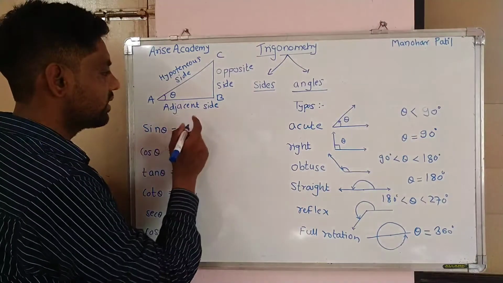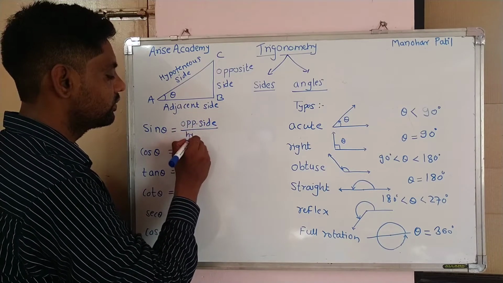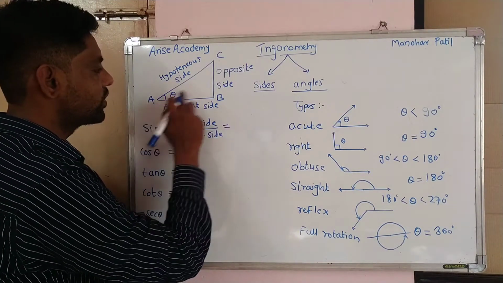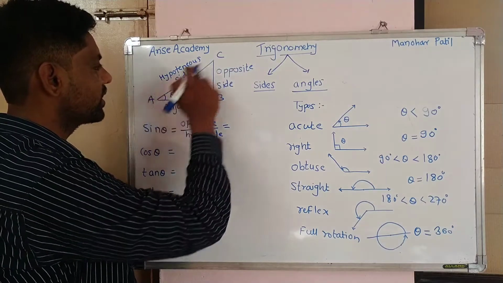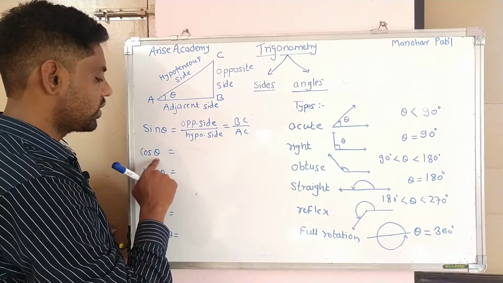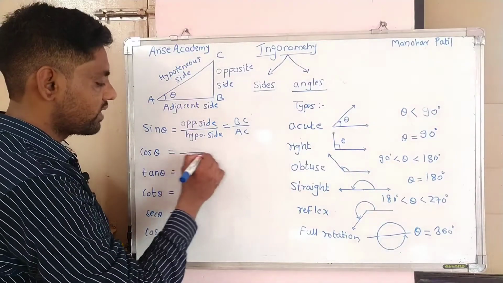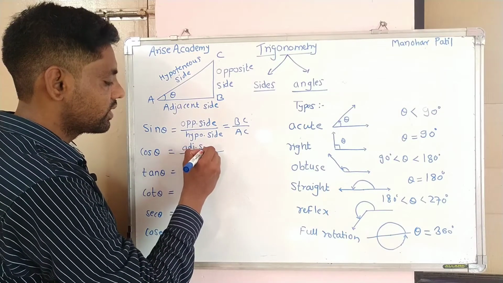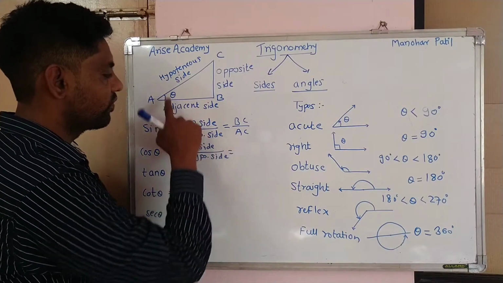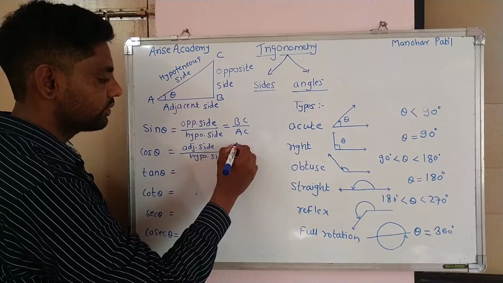Sin theta is nothing but opposite side upon hypotenuse side, so the opposite side is BC upon hypotenuse AC, so BC upon AC. Cos theta is nothing but adjacent side upon hypotenuse side. Therefore, for this triangle, the adjacent side is AB divided by AC.